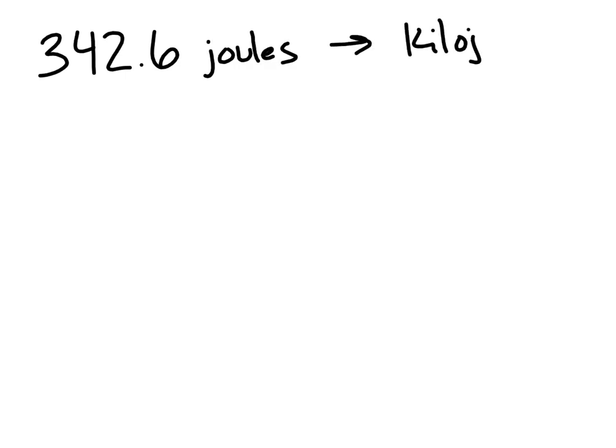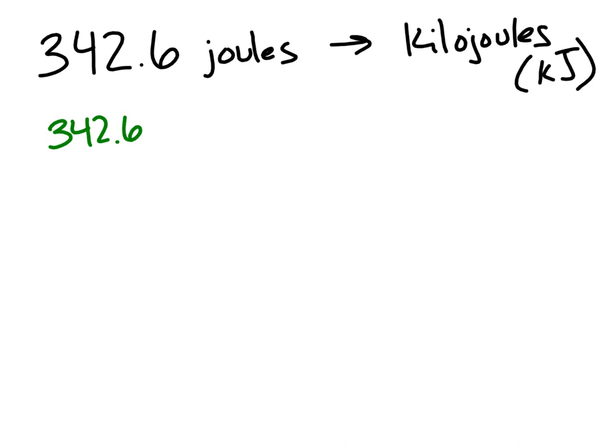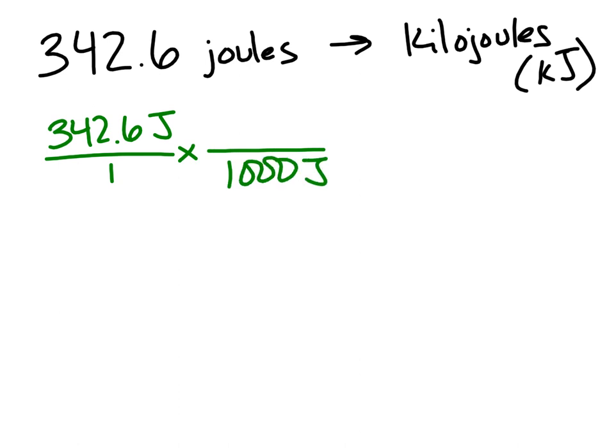I have 342.6 joules, and I want to convert that into kilojoules, which is kJ. It'd be little k, big J, because joule is a big J. So I take what I'm given, 342.6 joules over 1, and I know that for every 1,000 joules there is 1 kilojoule.